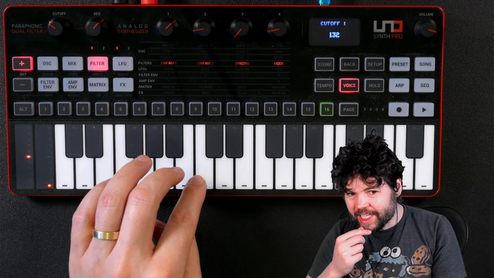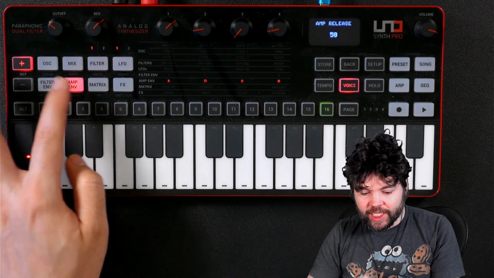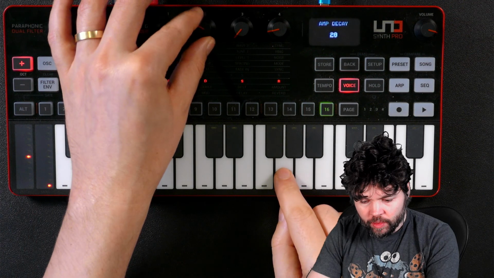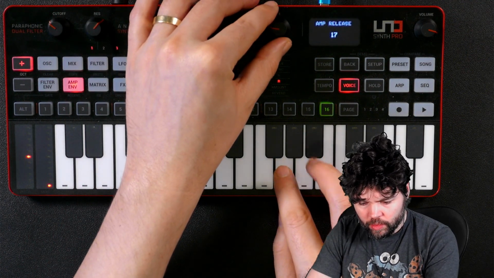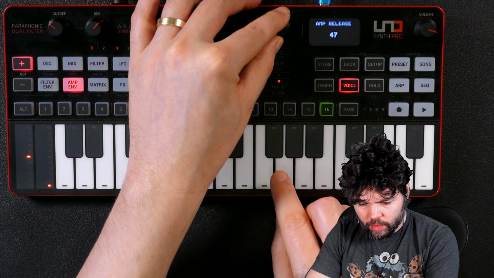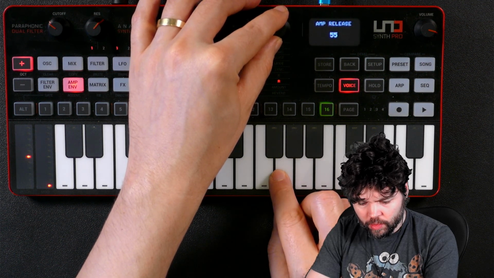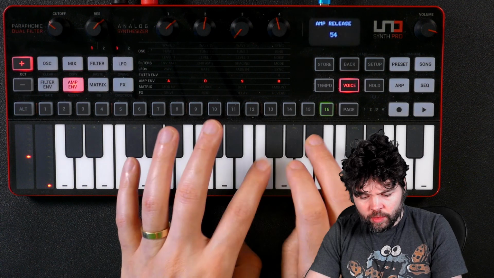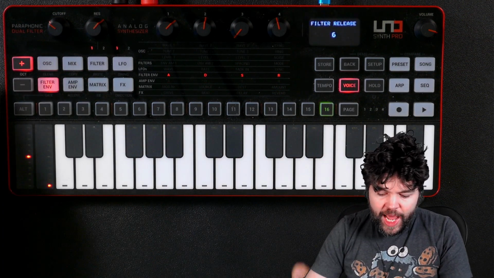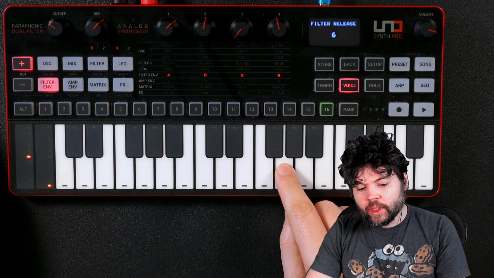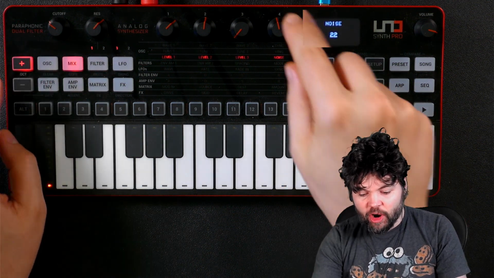I'm feeling like now the amplitude envelope is a little long. So now we have that little attack. Let's experiment with more noise.